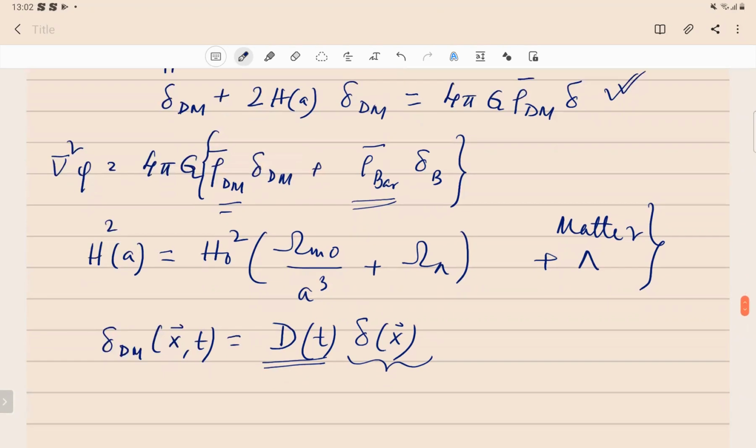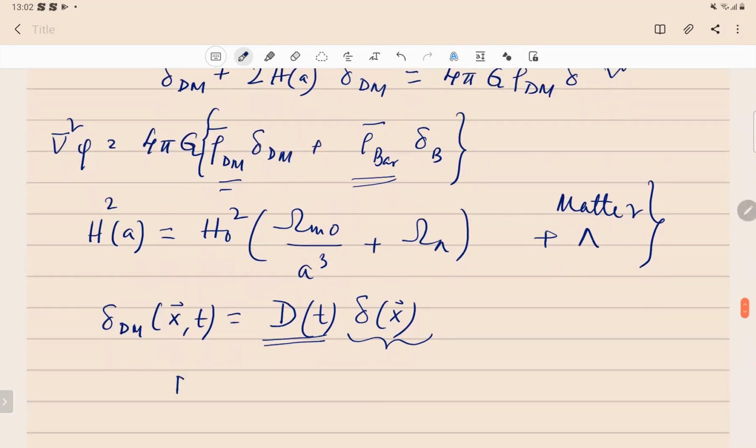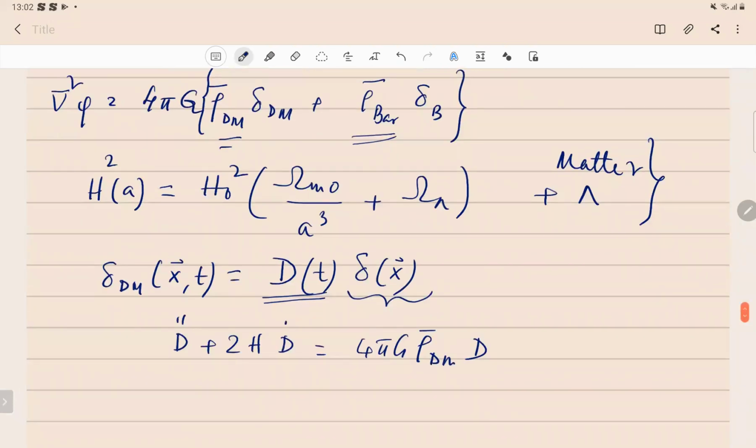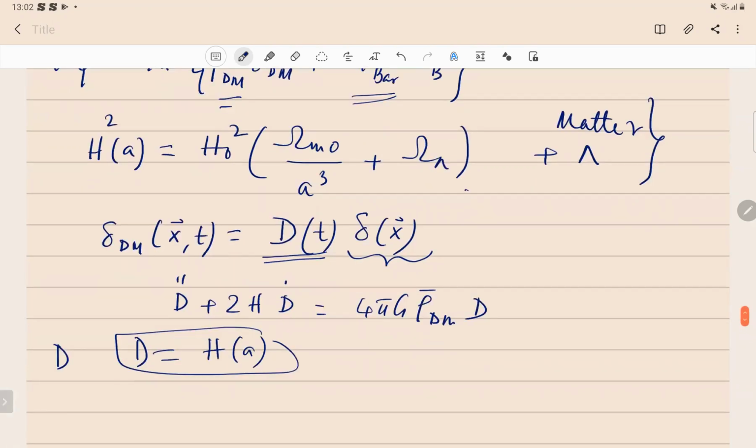This equation is d double dot plus twice h d dot equals 4 pi G rho dark matter background times d. Now the first thing to show is that one solution, d1, is actually this h of a. So d equals h of a is actually a solution to this equation for a very specific kind of h of a, though, mind you.